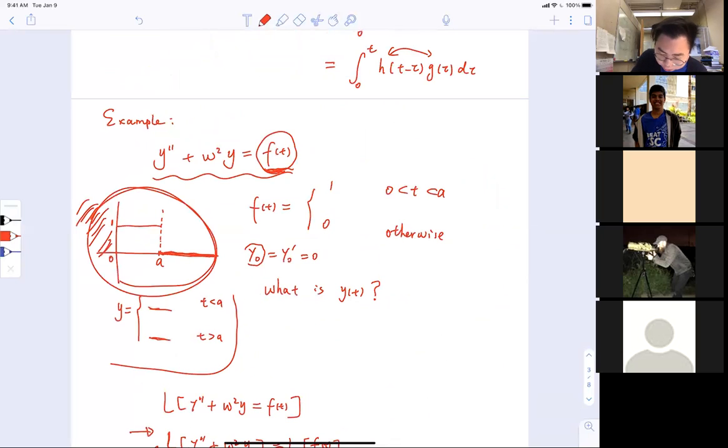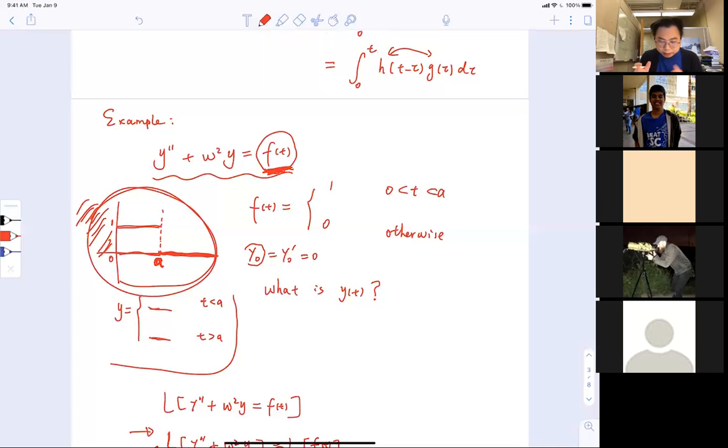Because your force is a piecewise function: before time a, it is a constant 1. After time a, the force just disappears and is 0.